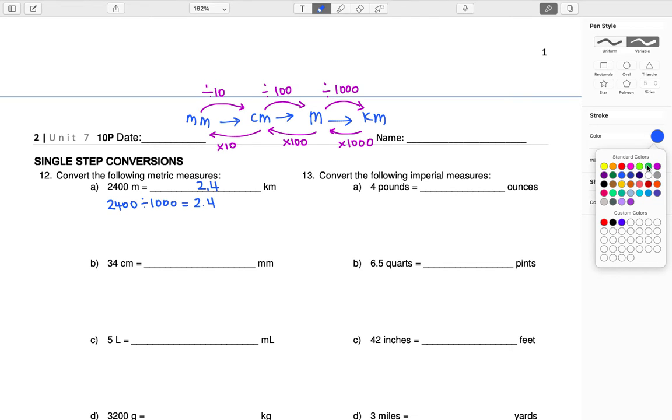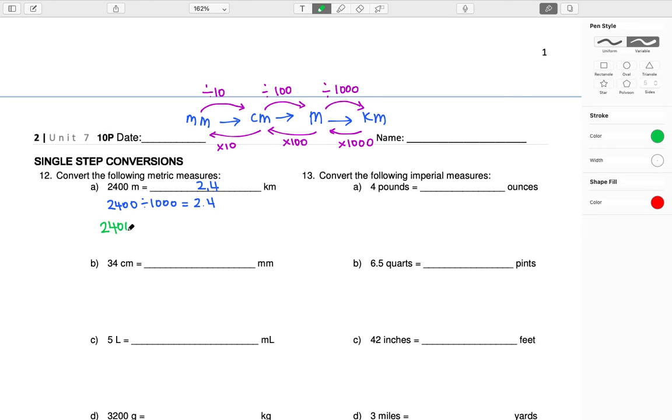Now, it's important to know how to do a unit conversion using unit cancellation. So what I would recommend is write down what you're given, 2,400 meter, times the conversion unit that we're using, meter to kilometer. Whatever we're trying to get rid of, meter, should be at the bottom, and whatever we're trying to find, kilometer, should be at the top.